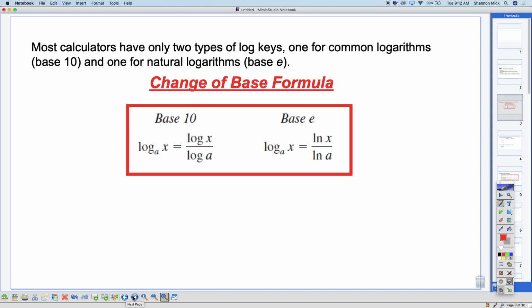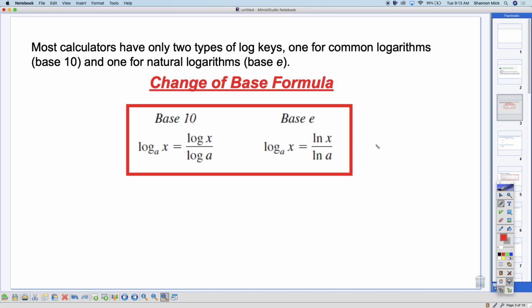Okay, so most calculators don't have anything but log base 10 or natural log. So you need to know the change of base formula, and it's right here. If you have a newer calculator, my calculator will do base anything I want, but I more often use the change of base because it's so easy to do. So the base 10, you have log base a of x.